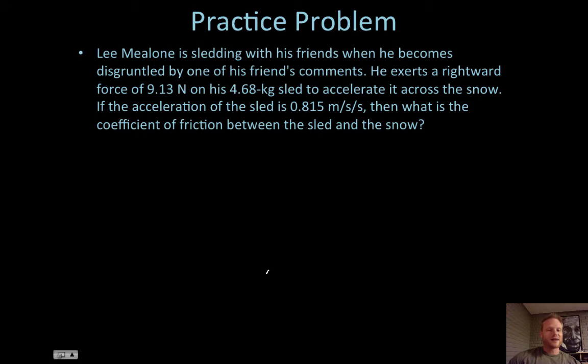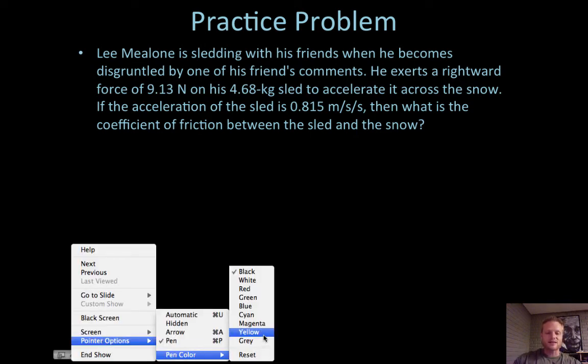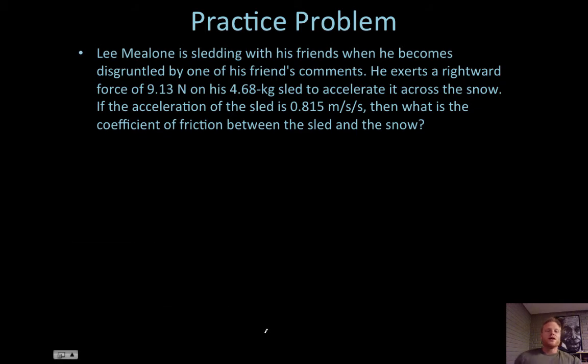Okay, so on to another practice problem, and this is dealing with a guy who's sledding, so it ties in well with my sledding example from the previous slide. Let's do an exciting color of yellow. Lee is sledding with his friends, and he becomes disgruntled by one of his friends' comments, and he exerts a rightward force of 9.13 newtons on his 4.68 kilogram sled to accelerate it across the snow.